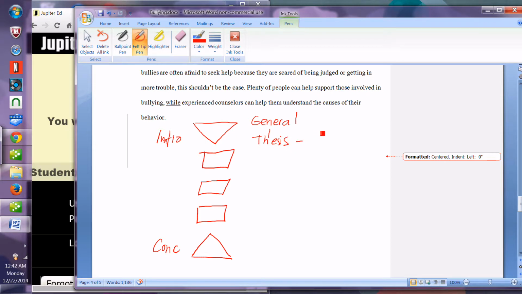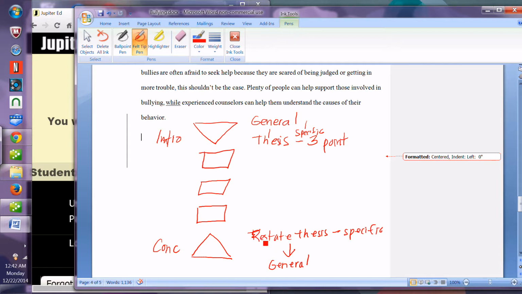A thesis statement is going to give the 3 points of your body paragraphs. Then when you start writing your conclusion, you're going to restate your thesis, and then go out and make a general statement. So this goes from general, down to specific, because a thesis statement is very specific. Then you restate your thesis, which is very specific, and move out to general.